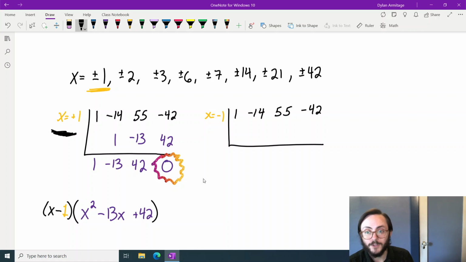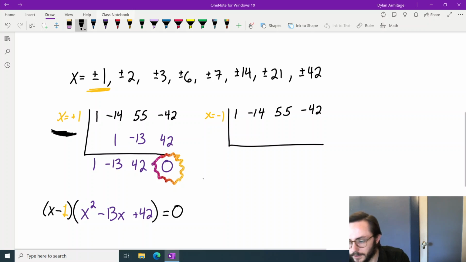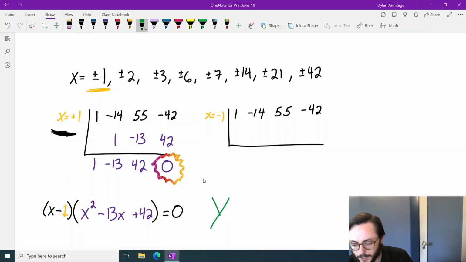Now this is a quadratic, so we can factor this like we would normally. Let's see, what two numbers, when multiplied together, will give us positive 42, and when added together will give us negative 13? If they multiply to give us a positive but add to give us a negative, we know they're both negative.